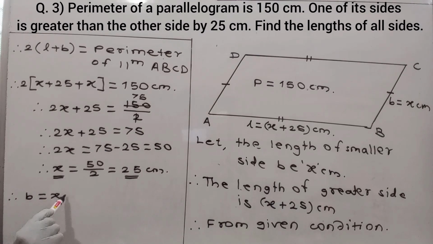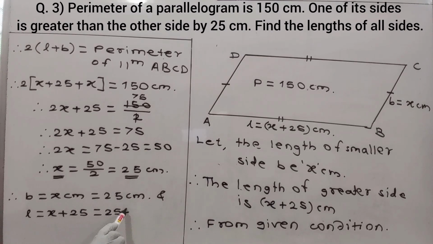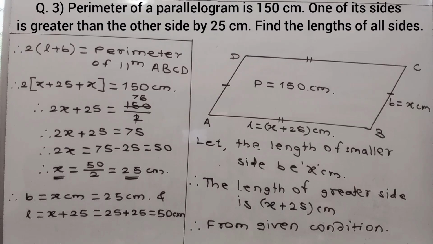Therefore B is equal to x centimeter is equal to 25 centimeter, and what is L? L is equal to x plus 25. We put value of x, 25 plus original 25 is equal to 50 centimeter. 50 centimeter. This is our answer.